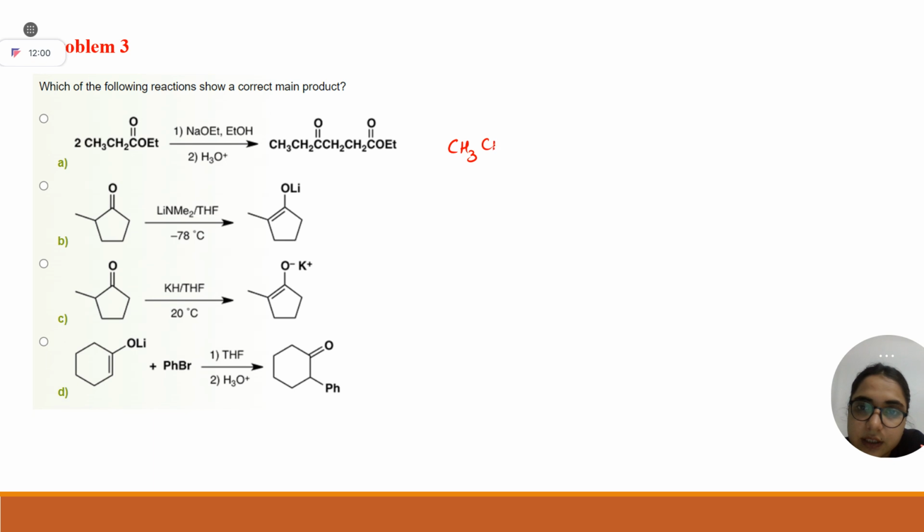CH3CH2COOEt. Students, whenever two things are given on the arrow, you have to interpret that EtOH and THF are solvent, right? So ethanol is nothing but solvent here, and this OEt negative, we can call it ethoxide ion, will act as your strong base. So first step of a base is to abstract a proton.